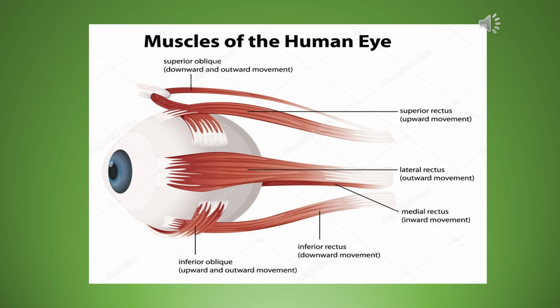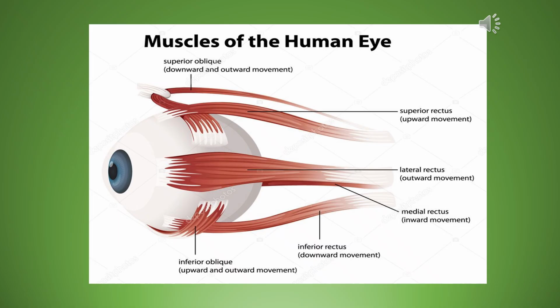So we have the superior rectus, which pulls the eye straight up. We have the lateral rectus, straight to the lateral aspect or to the side. The medial rectus moves the eyeball toward the nose. Inferior rectus moves the eyeball straight down. So those are four muscles that move the eyeball in a straight plane.